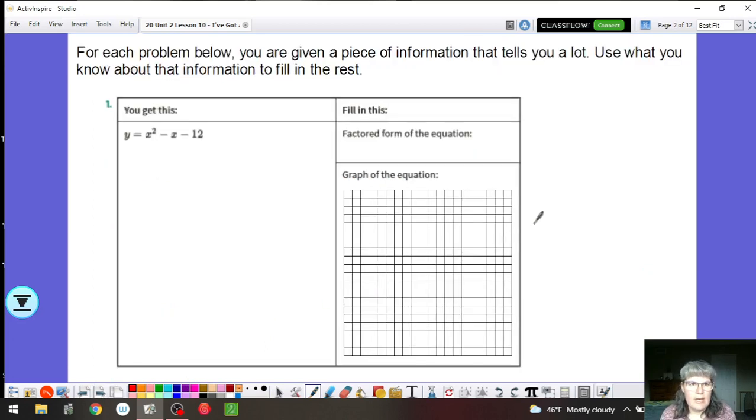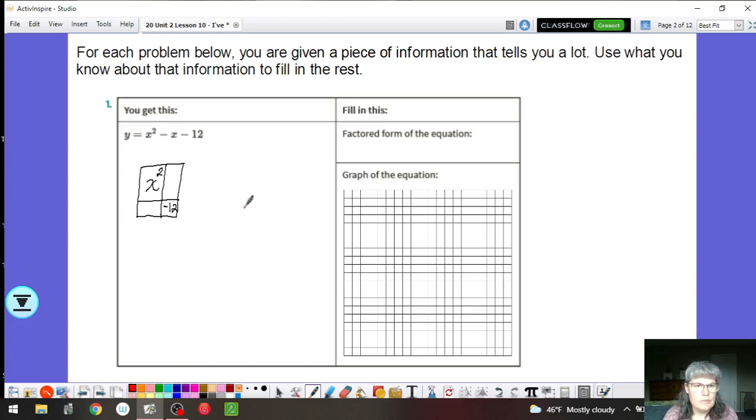In our first example, we are given the standard form of a quadratic equation, y equals x squared minus x minus 12. We need to write the factored form and then graph it. So let's start with the factoring. I'm going to use the area model. And we know that in this particular model, we have x squared and we have minus 12 for the number of units.